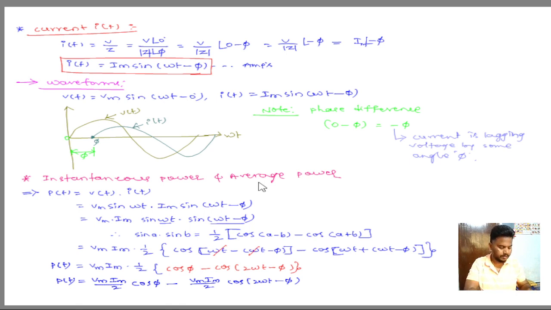Next, we need to calculate average power.